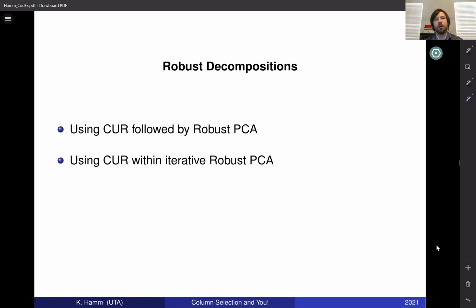And basically what I want to get across is it turns out you can use CUR decompositions in a couple of complementary ways in the Robust PCA framework to do low rank approximation.